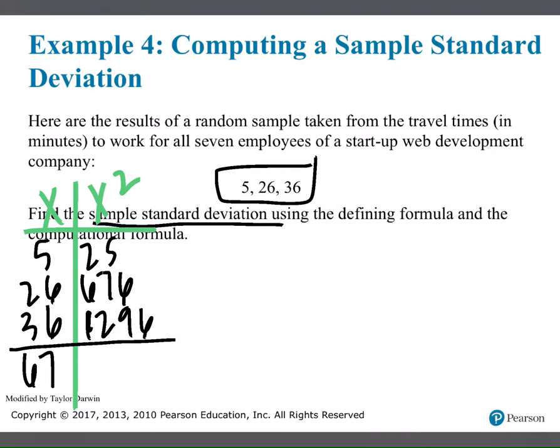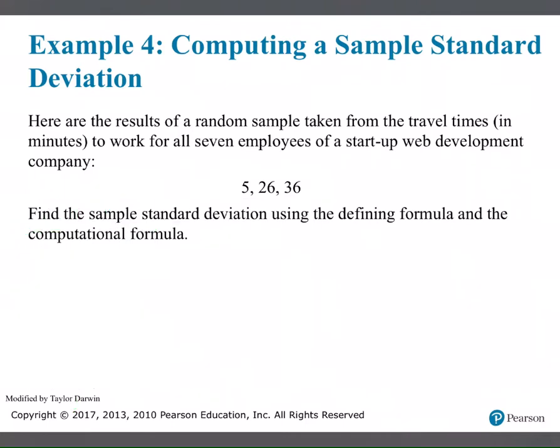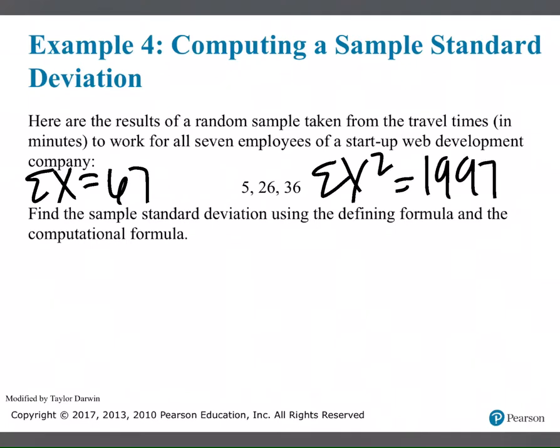Add the x squareds together, 25, 676, 1,296, I get 1,997, sorry. Okay, remember those numbers. I'm about to erase this. So the sum of my x's is 67. The sum of my x squared is that 1,997.